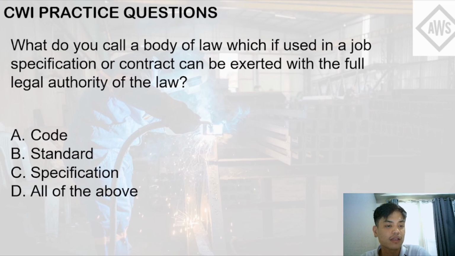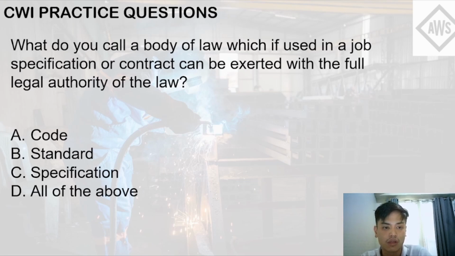So basically, a standard is a reference document to which the specification of an equipment, or in this case the weld, is compared to see if it complies with the acceptance criteria. The specification is just a list of parameters.